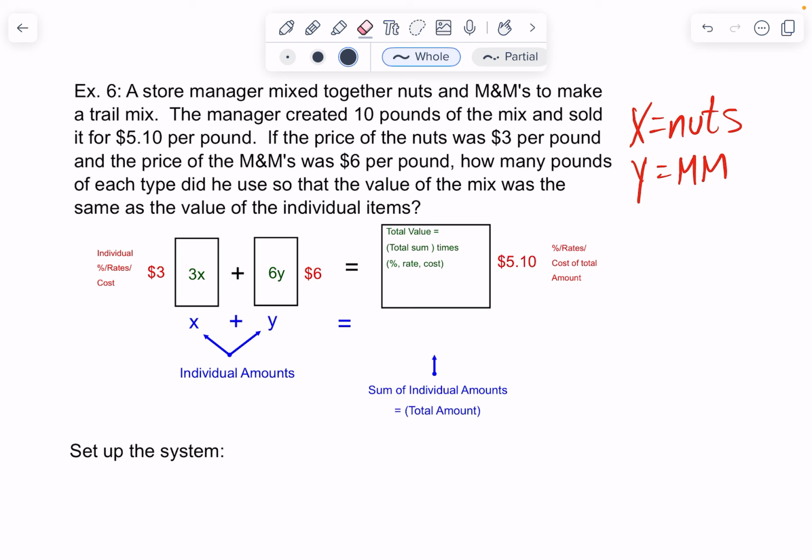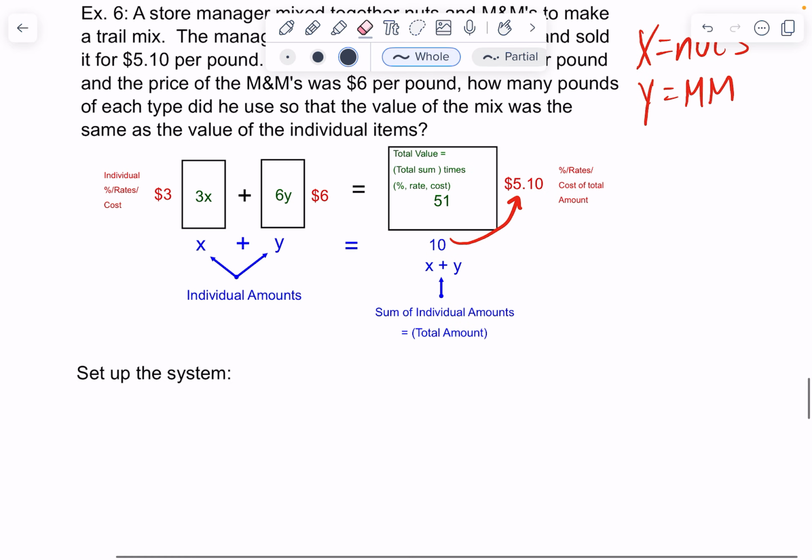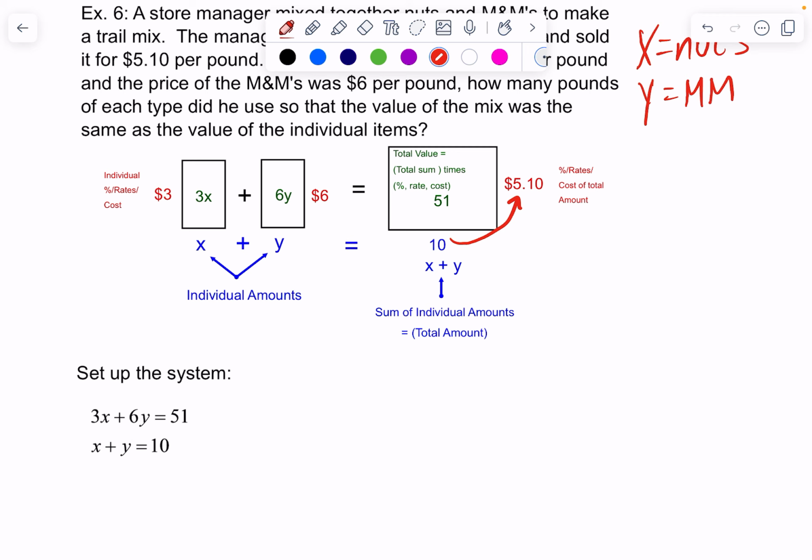I know that I have a total of 10 pounds. 10 times 5.1 is going to equal 51. And now I have my green value equation and my blue quantity equation. I don't have any decimals in this case, so we could go right to solving.